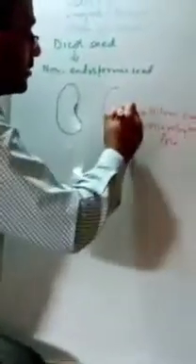Then this is called the hilum scar, and this is called the raphe scar, which we discussed yesterday when we were discussing the structure of the ovule.